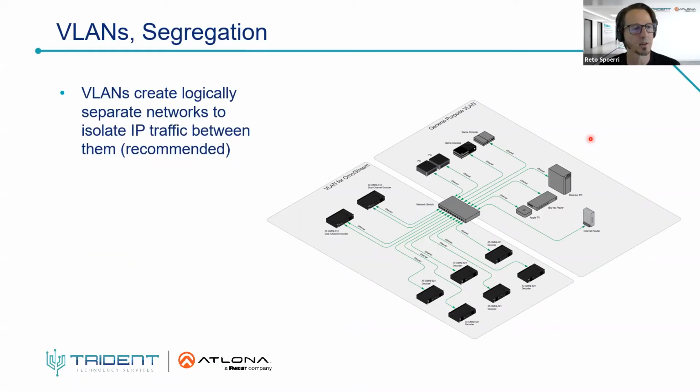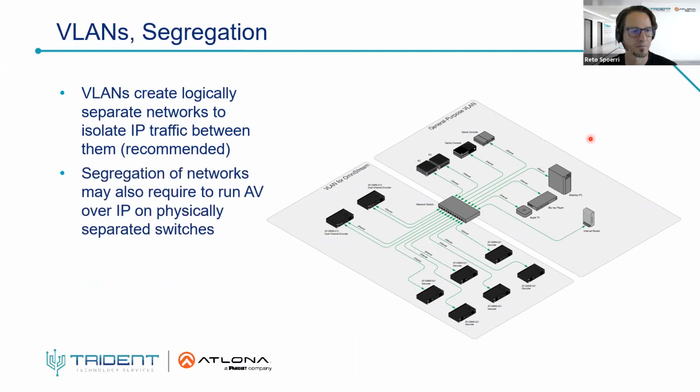VLANs create logically separate networks to isolate IP traffic between them, which is recommended. You can still route control, for instance, from one VLAN to another, but the multicast traffic is automatically blocked and stopped. It will not leave the VLAN unless you set up explicit multicast routing. So it's a safety mechanism.